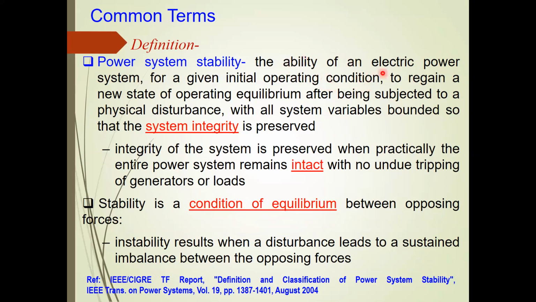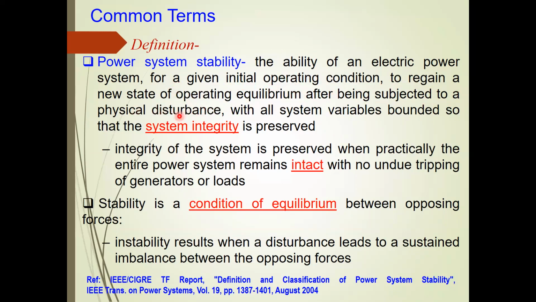It is the ability of an electrical power system which is at a given initial operating condition to regain, to achieve a new state of equilibrium after being subjected to some disturbances.